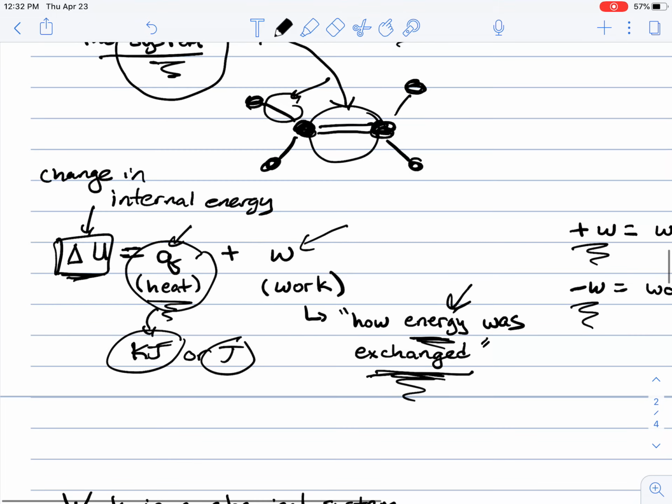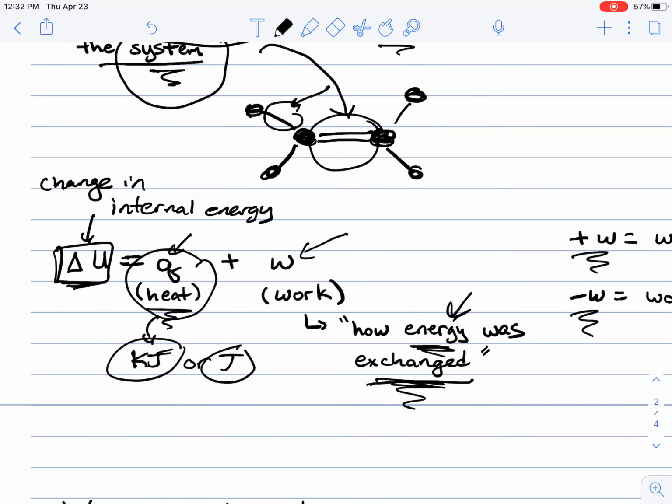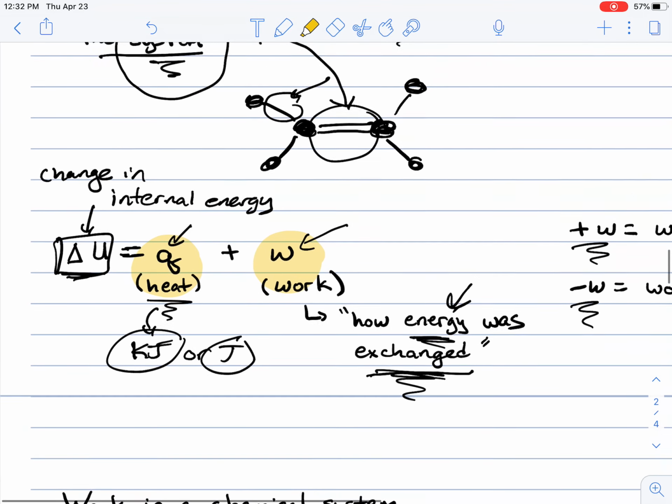And so when you're looking at this equation, it's telling you that the change in internal energy, delta U, can be summarized by the sum of Q and work.